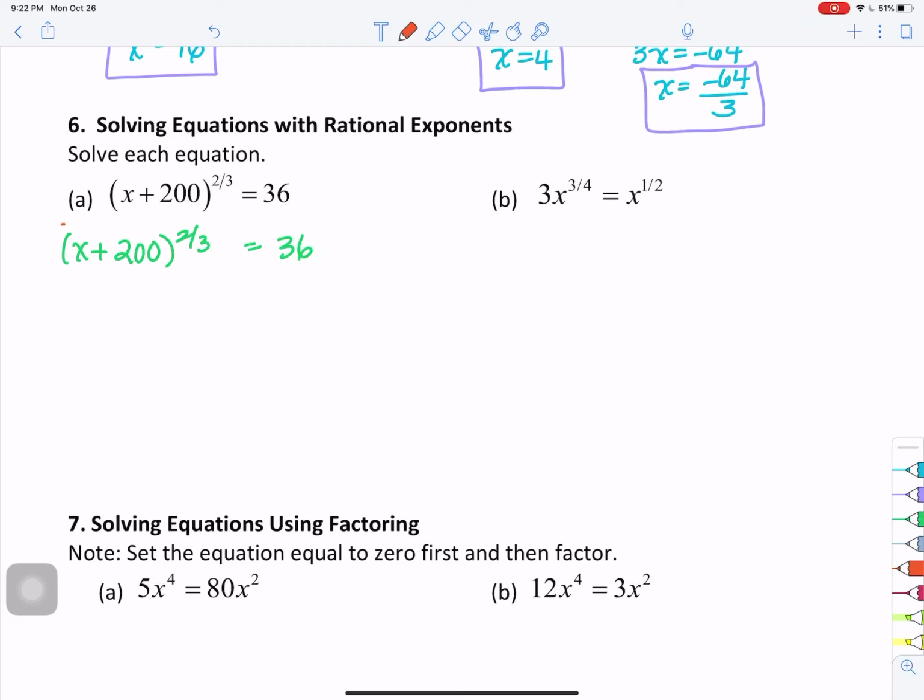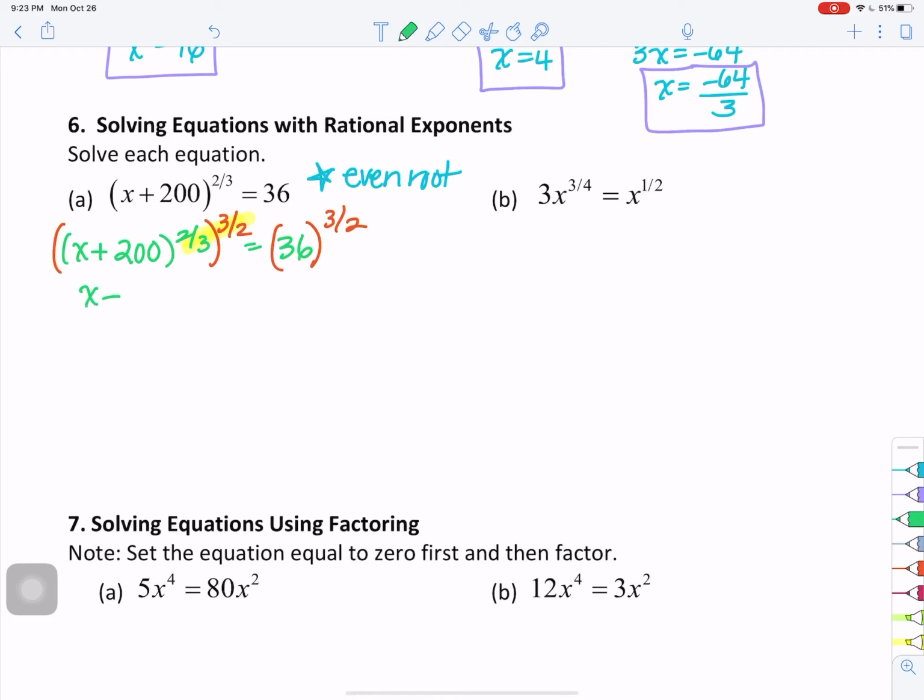We are going to raise both sides to the 3/2 power. Now, when we raise this to the 3/2 power, yep, you guessed it, we have an even root. So you could put the plus or minus in front of that right now, or just take care of it when you do take the square root.